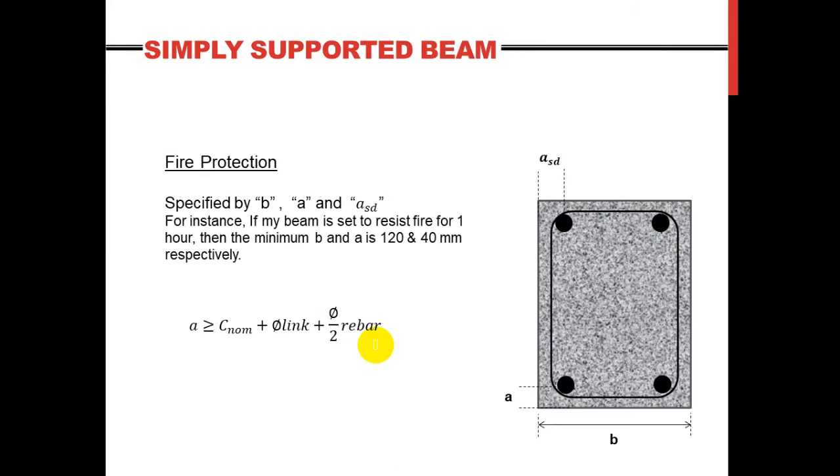Fire protection. Fire protection of a beam is evaluated by B and A, the axis distance. A should be equal to or more than the nominal cover plus the size of the link plus half the size of the rebar.